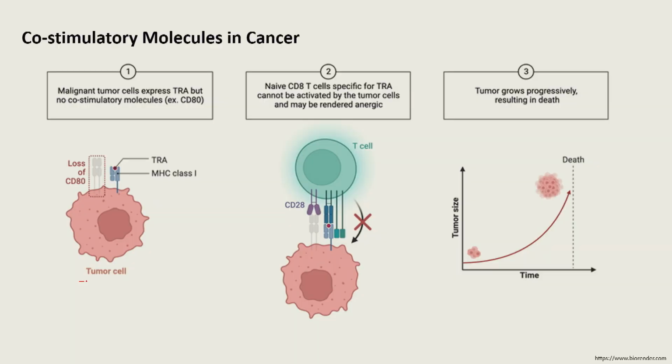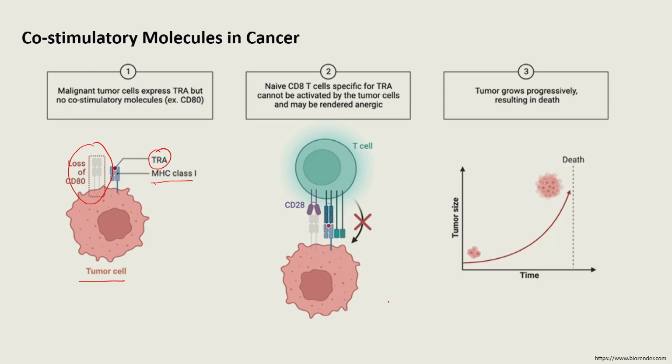So what is happening in the tumor cell? The tumor cell is expressing some kind of protein such as TRA, which is tumor rejection antigen. These are expressed by MHC class 1, but we could see that there is a loss of CD80 expression.